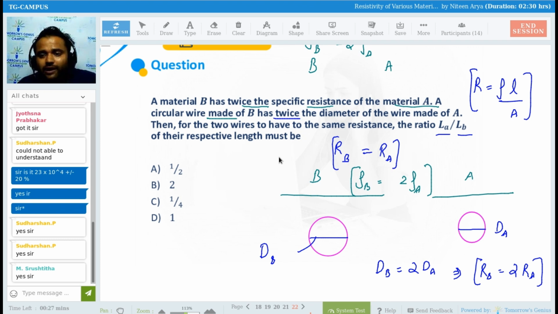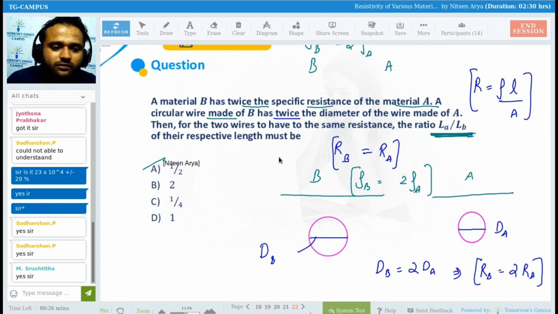You need to tell me LA by LB, the ratio. Focus here also. Okay, the correct answer is A.